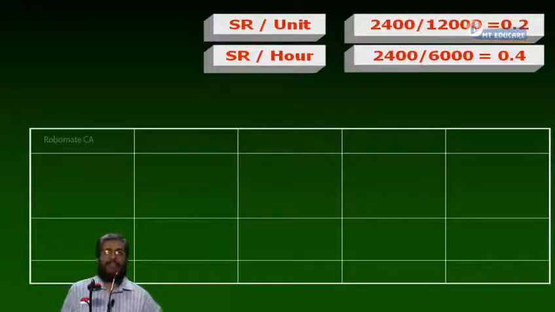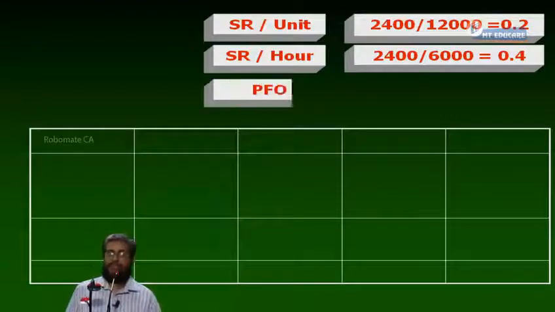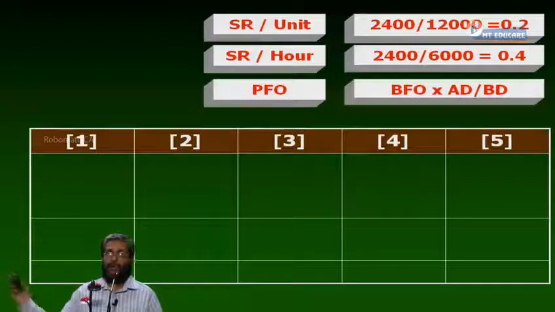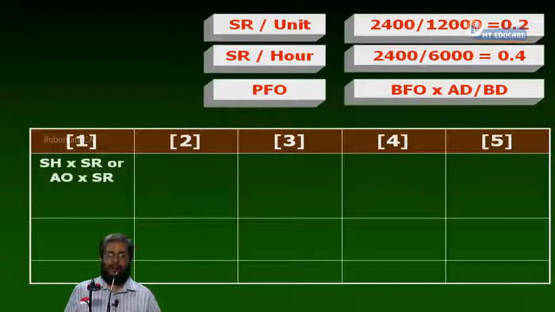Step 2, computation table. How many columns? 5 columns. First column, SH into SR or AO into SR. Second column, AFO.